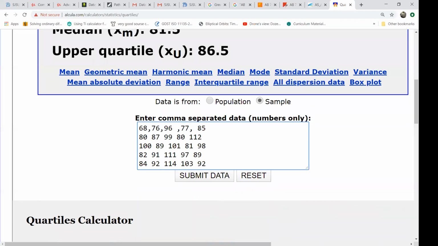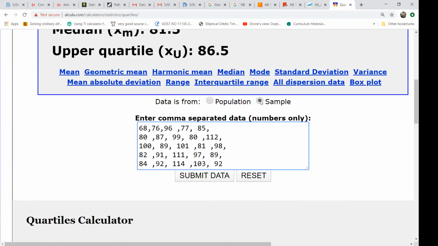Be careful not to skip any number. Perfect.